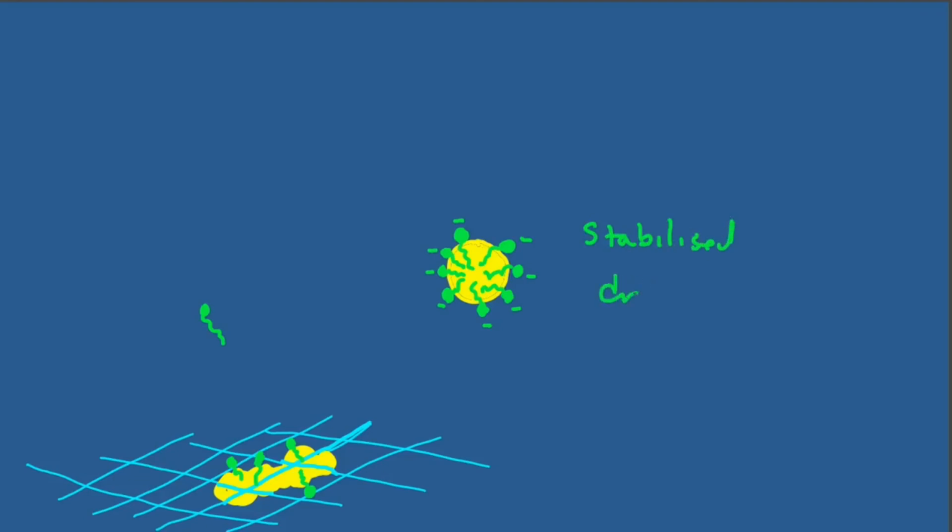This would be like a stabilized drop of oil in water. Okay, so when we get stabilized droplets of oil, these are suspended, they're not coming together, these negative charges around the outside stop them clumping together. We call these emulsions.